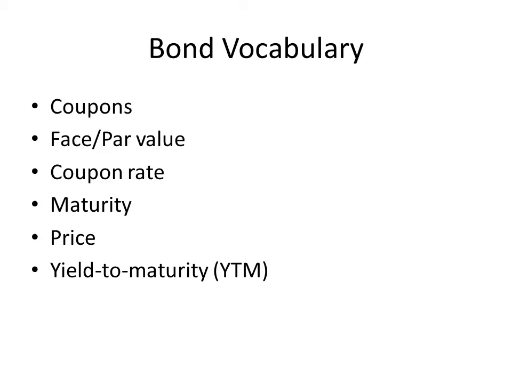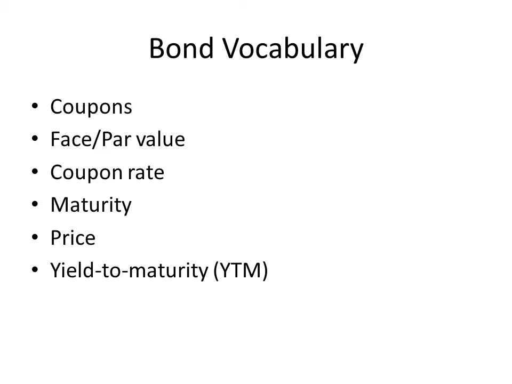That's what people are willing to pay for the bond in today's market. Bond prices fluctuate based on various characteristics of the market, but the most important one is the interest rate required by the market to hold a bond. We refer to that interest rate as the yield to maturity. Sometimes you'll see it abbreviated YTM.